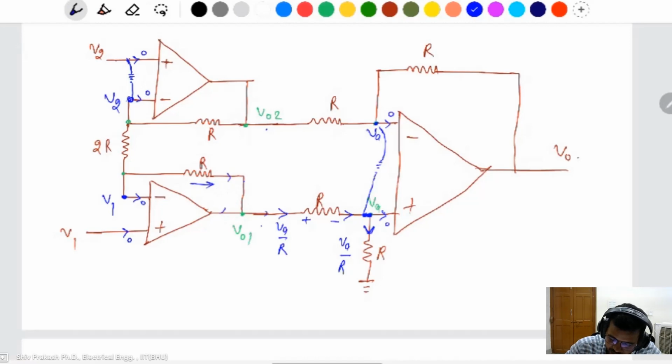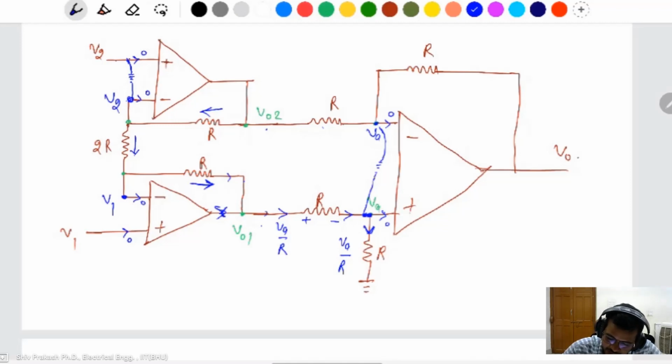Because some current flows in the op-amp or out of the op-amp, anything will be there. But here is the same current. If this current is this current, it will also be the same, and this current is also the same, but this current is not the same. This is a different current.